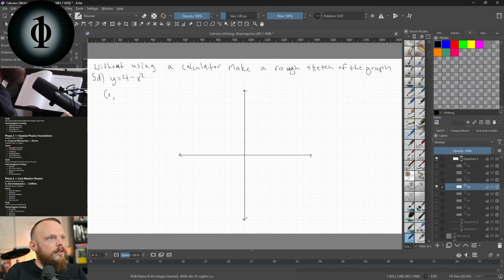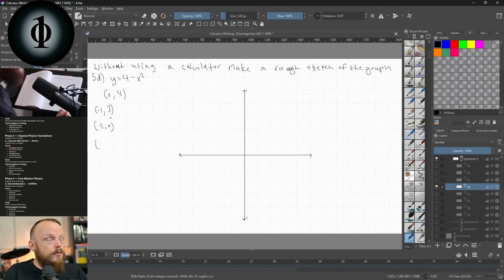So, when x is 0, y is 0 squared, 4 minus 0, 4. When x is -1, -1 squared is 1, 4 minus 1, 3. When x is -2, 4 minus 4 is 0.